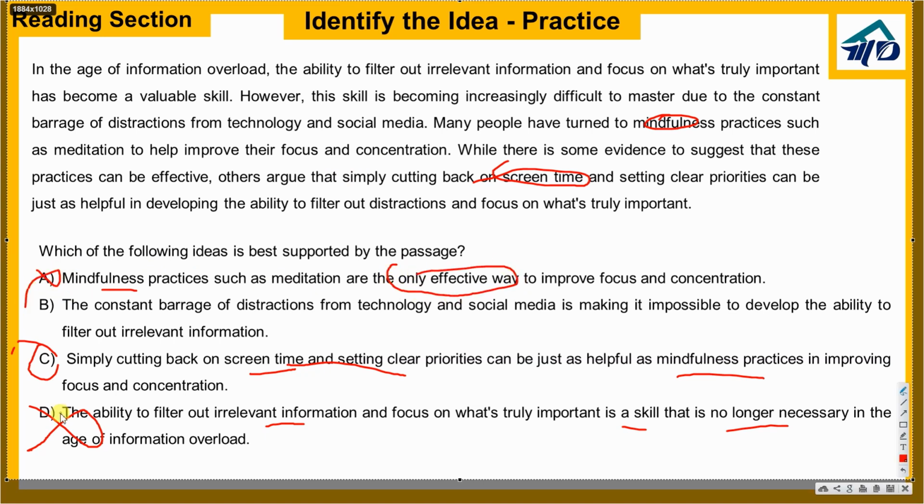So A and D can be eliminated without any doubt. B option is there, but the theme is not B. B is basically the problem, and how to solve that problem is given in C. So my answer is going to be C. And in the exam I need to select C.